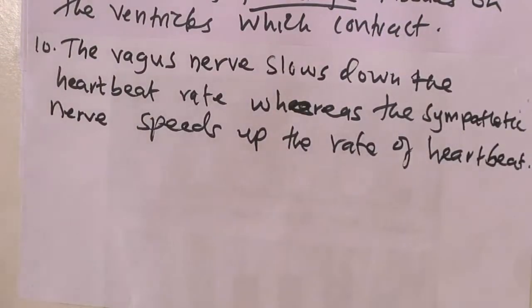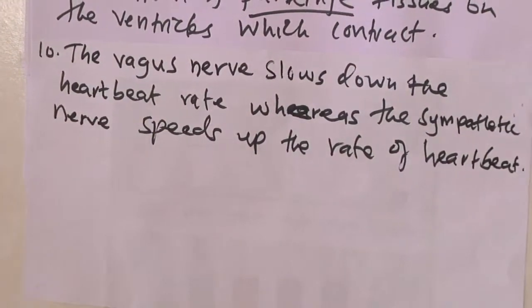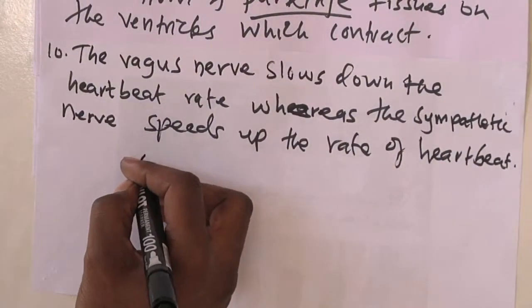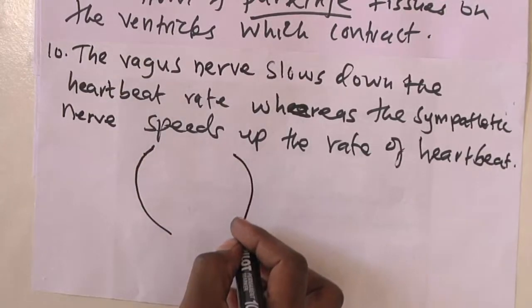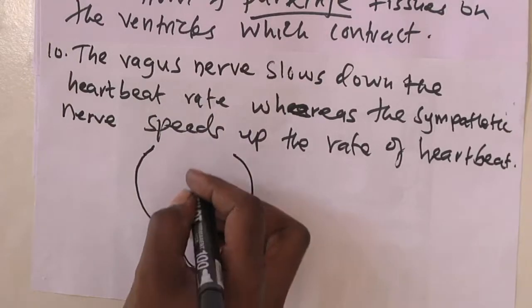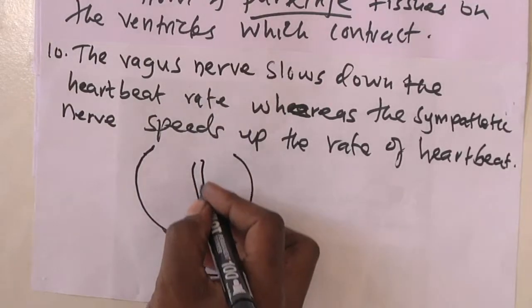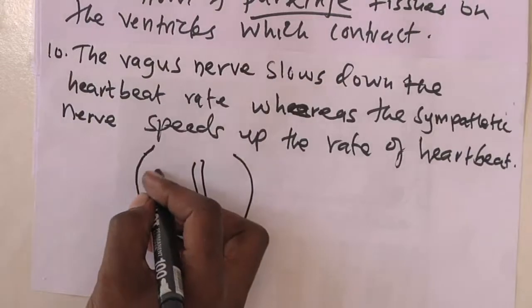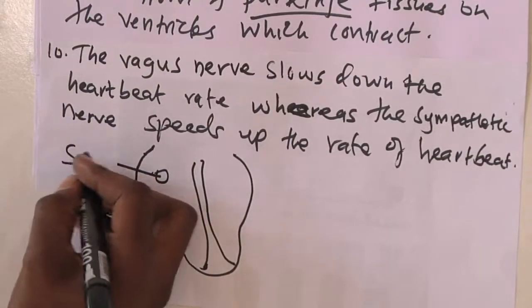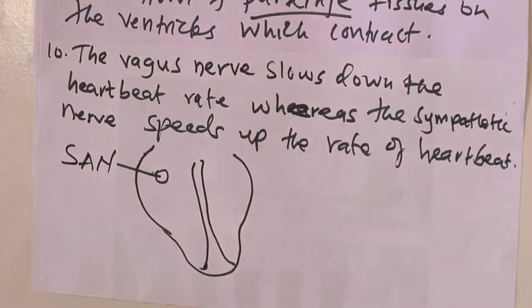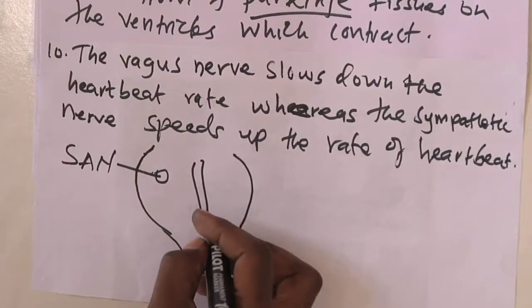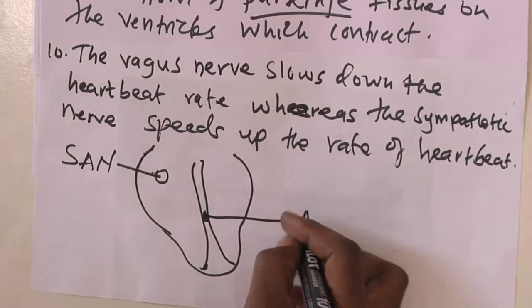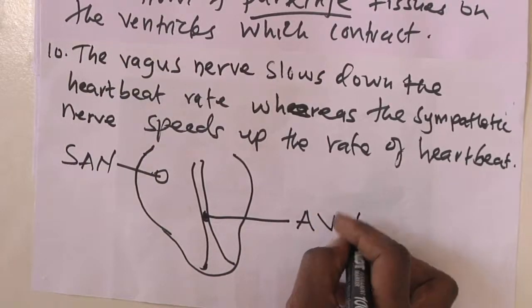So what do we mean by these atrioventricular nodes and the Purkinje tissues? If this is the external part of the heart, let me give an illustration. External part of the heart, and that is the interventricular septum. So this is what we call the sinoatrial node on the right atrium. Then along the ventricle is what we call the atrioventricular node.